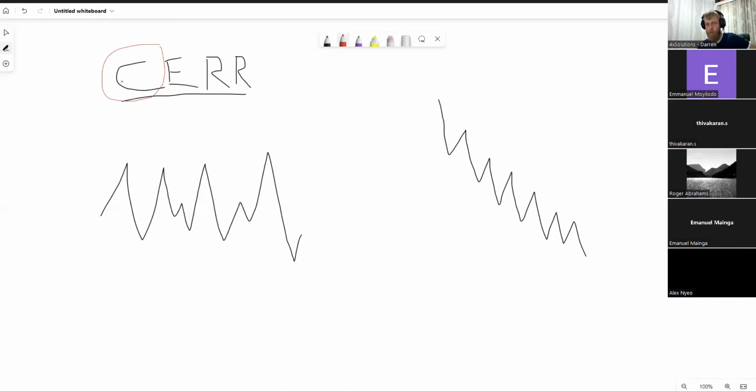Hopefully you all understand what a consolidation looks like. It's also classified as a ranging market: sideways price action without any clear move up or down. That is a consolidation.